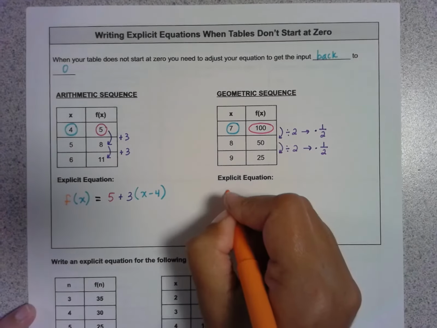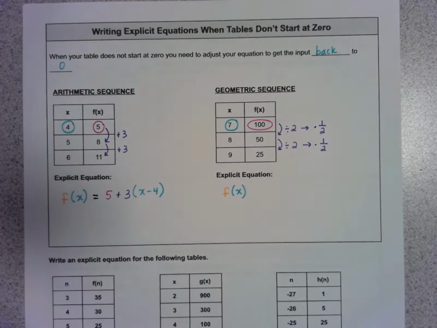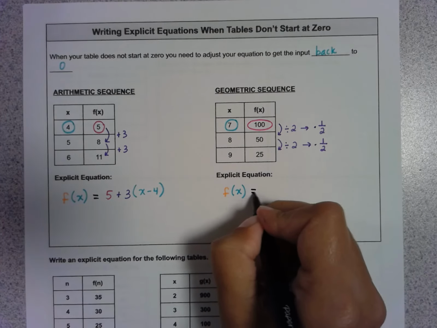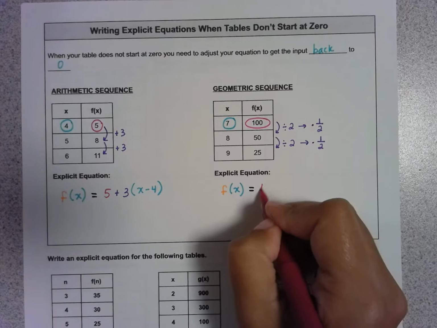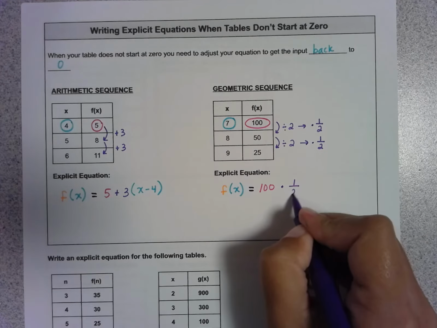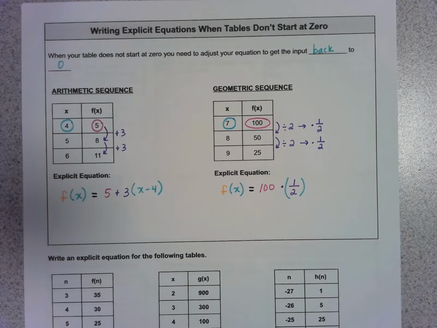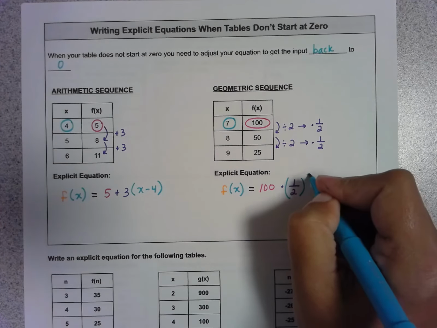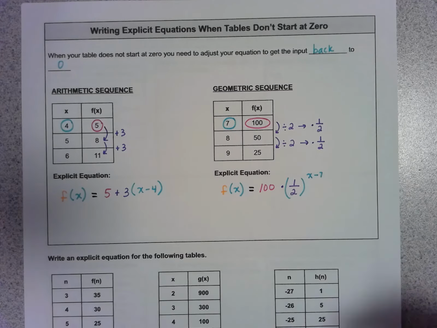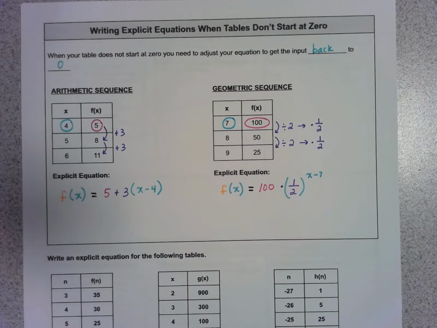I'm going to have f of x, because the table is using the variables f and x, equals, start with 100, multiply by 1/2, and I'm going to make an exponent. I'm going to say x minus 7. And the reason I'm saying x minus 7 is that if the table starts at 7, to get back to 0, you need to subtract 7. So get back to 0.